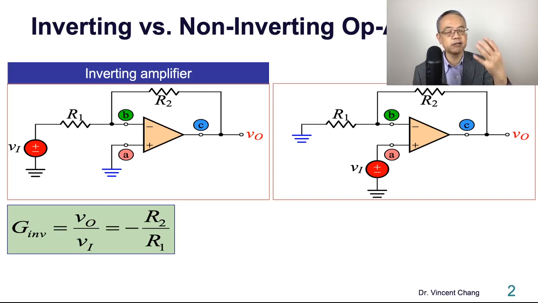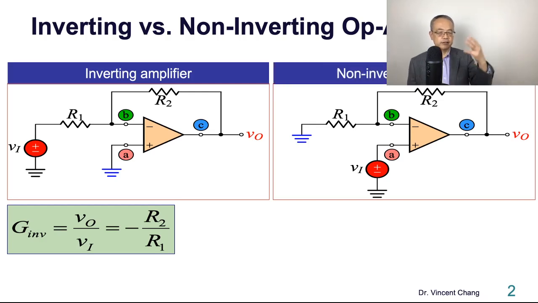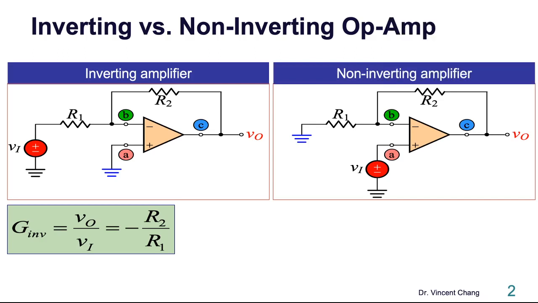The feedback is still connected between the negative input, the inverting input, and the output. So this circuit is called the non-inverting amplifier. This lecture's focus is on the right-hand side of this slide, the non-inverting amplifier.